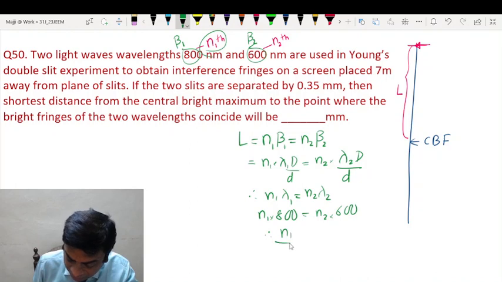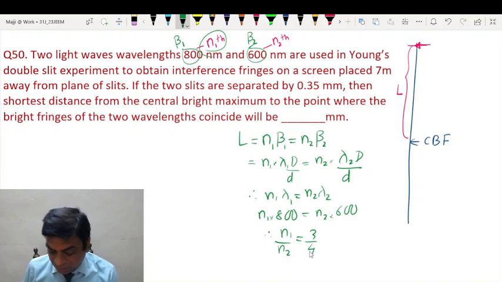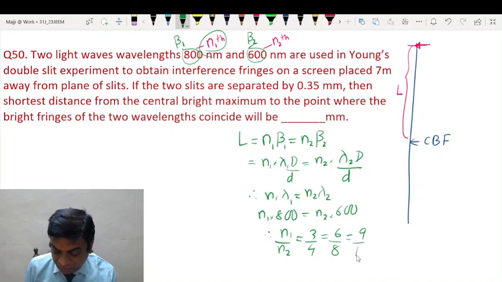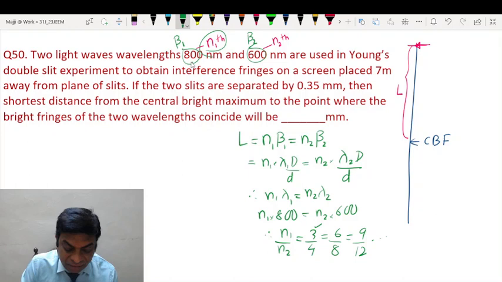Nanometer gets cancelled. We have n1 by n2 as 3 is to 4. You can take higher multiples also. If you multiply and divide by 2, you have 6 by 8. If you multiply and divide by 3, then 9 by 12 and so on. In other words, the third bright fringe of the first wavelength, 800 nanometer, will coincide with the fourth bright fringe of the second one, 600 nanometer. Similarly, the sixth bright fringe of 800 nanometer will coincide with the eighth bright fringe of 600 nanometer, and so on.